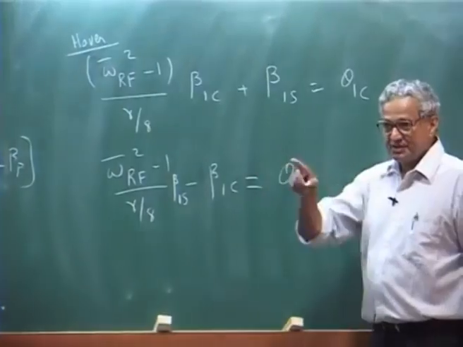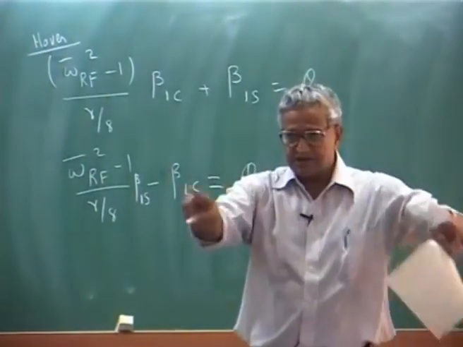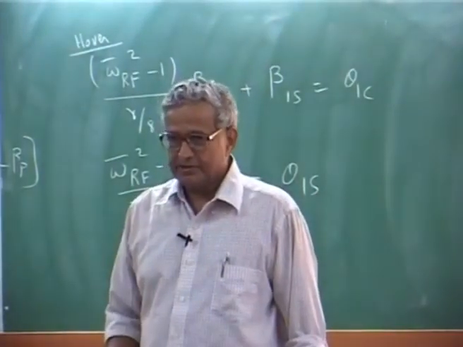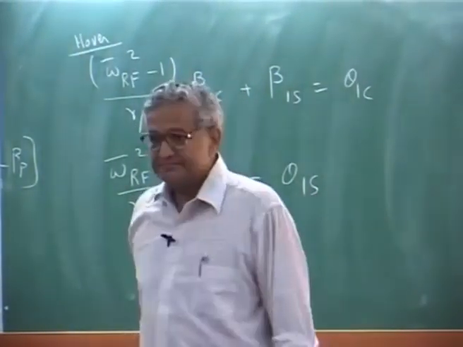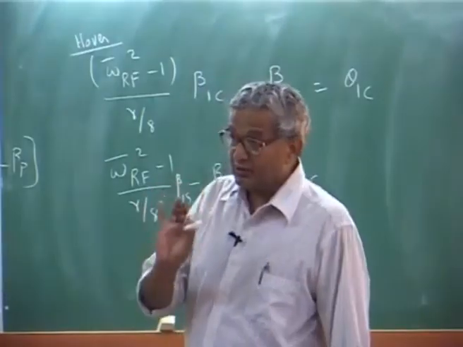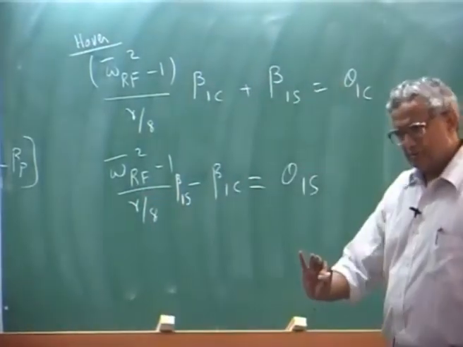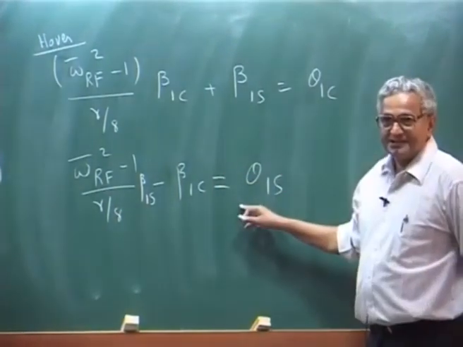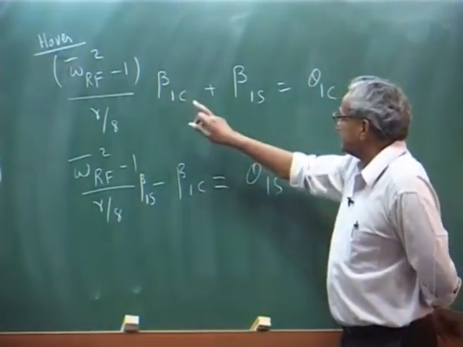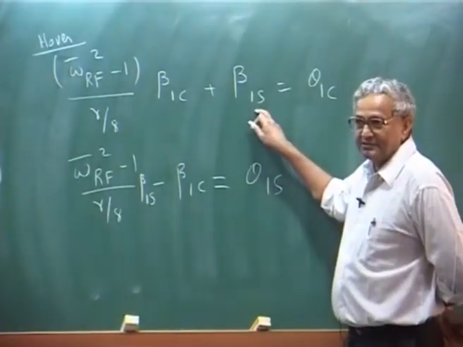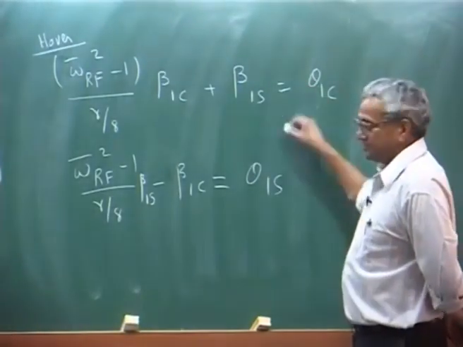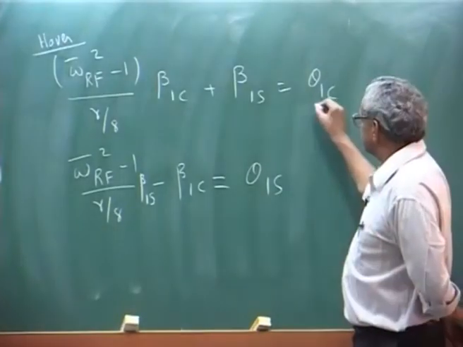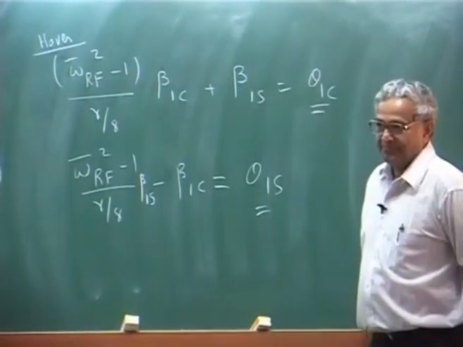This is the relation which is reduced from last time I wrote the long expression. From there, if you put mu 0, okay, you will get this expression, particularly in hover case. We are looking at hover first. You can solve for beta 1 c and beta 1 s from these two equations, because your control input is this and this. Okay.